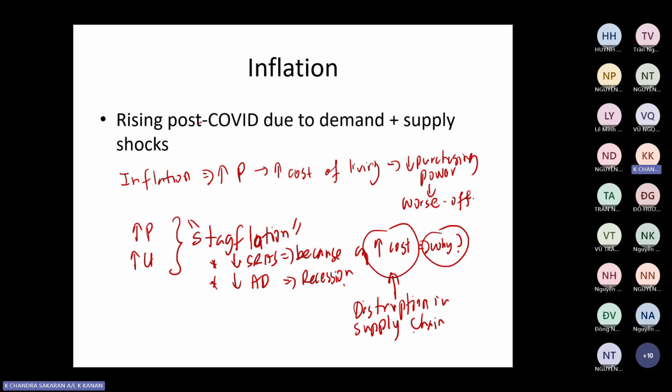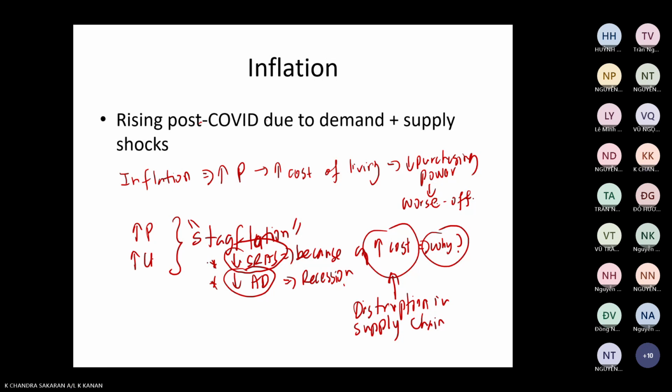Supply chain is very important for the producer. If there is disruption in the supply chain, the producer cannot get the material for their production, so it becomes very expensive to get the material. That is the reason why during the COVID period, two things happen: supply dropping, demand dropping. You can show this in the diagram.